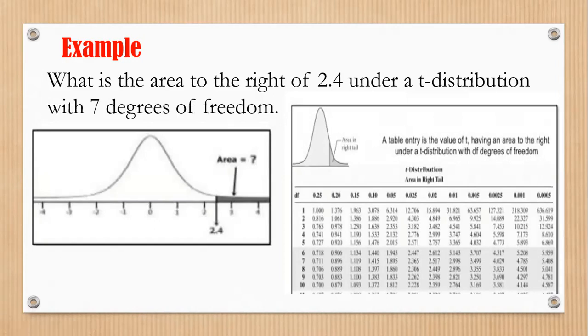So in this case, we'll just put between 0.025 and 0.02. But actually there is an app. If you search in Google, you can have an exact value for this. But if you don't have it, just refer to the table, and wherever the 2.4 lies, that will be the area needed.